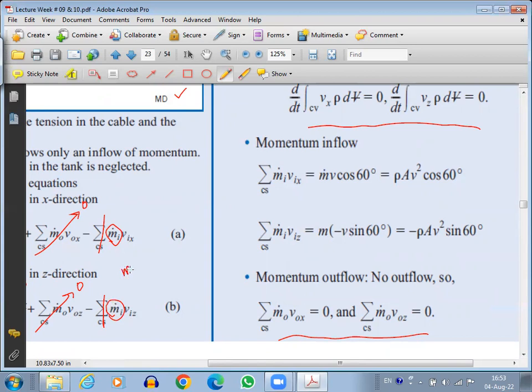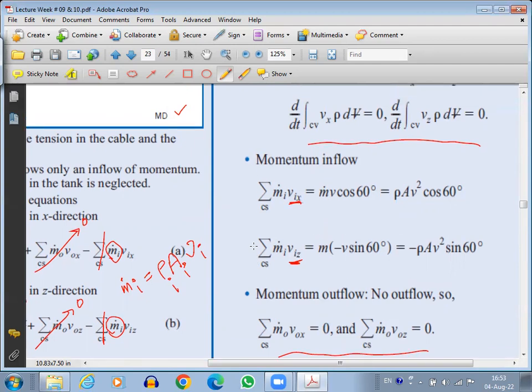So that m dot i will be rho_i A_i v_i. Here rho_i and A_i are the density and the cross-section area, but for the velocity, just the magnitude, irrespective of the direction. However, when we are using v_ix and v_iz, now the direction is important, so we are going to consider the direction.